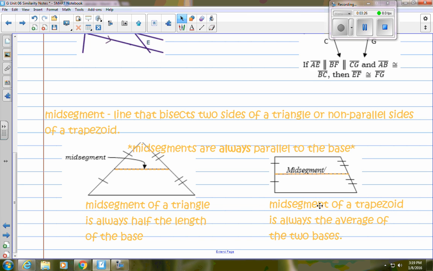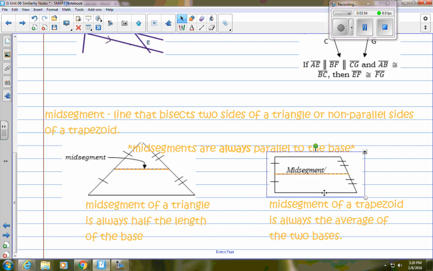In this case, the mid-segment of a trapezoid is always the average of the two bases. So we'd have to find the length of this one, the length of this one, add them up, and then divide by 2. Or you can think of the mid-segment as being exactly the medium length between the top and bottom sides. So for example, let's say they tell you that the mid-segment is 10, and they tell you that the bottom base or the longer base is 15.